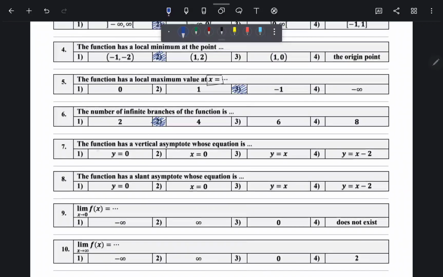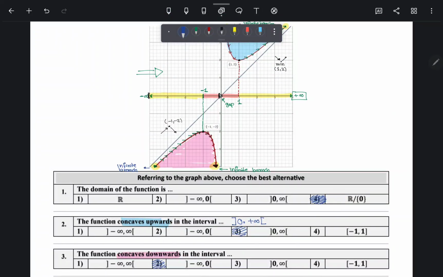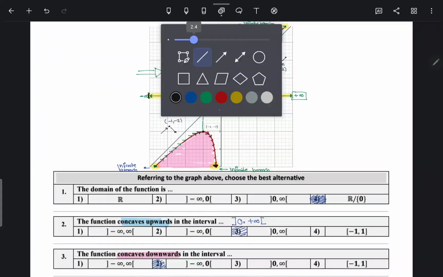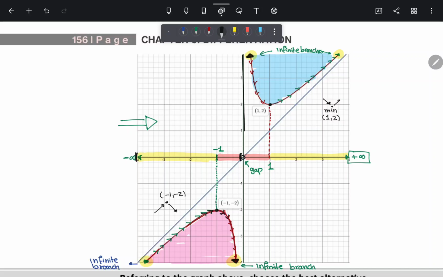Highlighted with yellow. Then the function has a vertical asymptote. We said yes, there is a vertical asymptote. Where is it? Not the blue line, the blue one is the slant asymptote. The vertical asymptote's equation is always x equals a. And y equals mx plus c is a slant one; if it were horizontal, it would be y equals l. The x-axis and y-axis are not asymptotes.